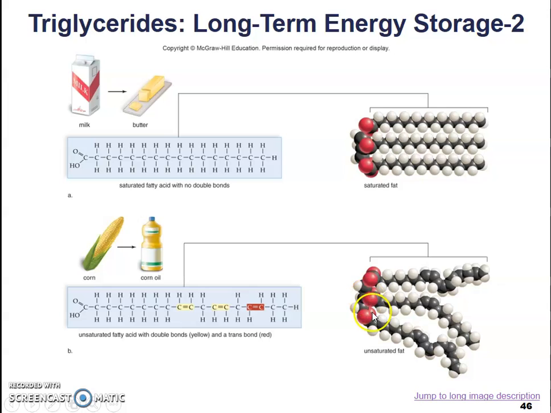And down here, we have an unsaturated fat. You'll notice that it's all bent and kinked up. Well, that's because there are double bonds or even triple bonds on those fatty acid tails. That makes them not line up as straight, and it makes them less dense, which makes them liquid at room temperature.